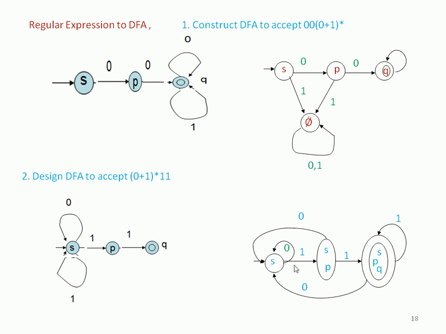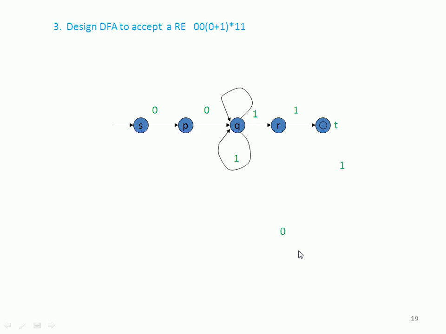So 0 will be coming from the initial state. One more example: design a DFA to accept the regular expression 0 0 (0 + 1)* 1 1, right? So 0 0, and we have p as the next state. We have a dead state called phi, so when you give 1 it will go to the 1 state, and from p you can go to the 1 state. So you can proceed with 0 0, as given in the regular expression string, right?